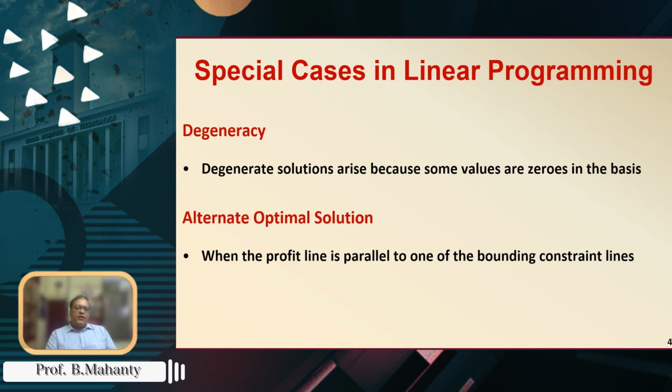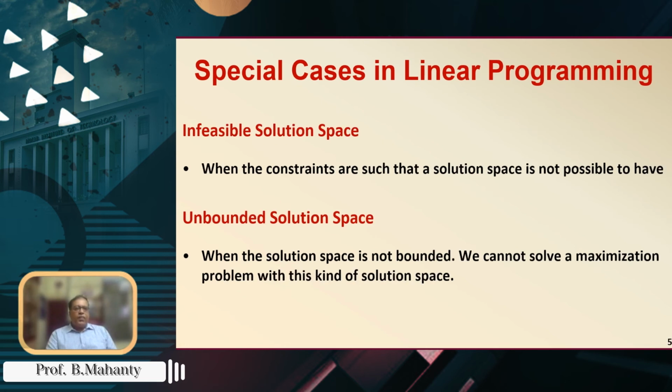It's another point, on the other side of the bounding constraint line. When that is optimal, all points joining these two optimal points are also optimal. In a simplex, it is known by Cj minus Zj equal to 0, and in the alternate optimal solution also, the Cj minus Zj value will be 0.